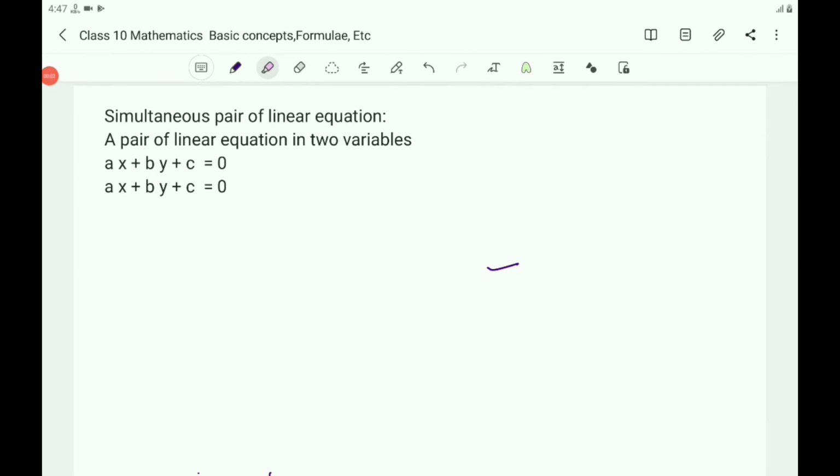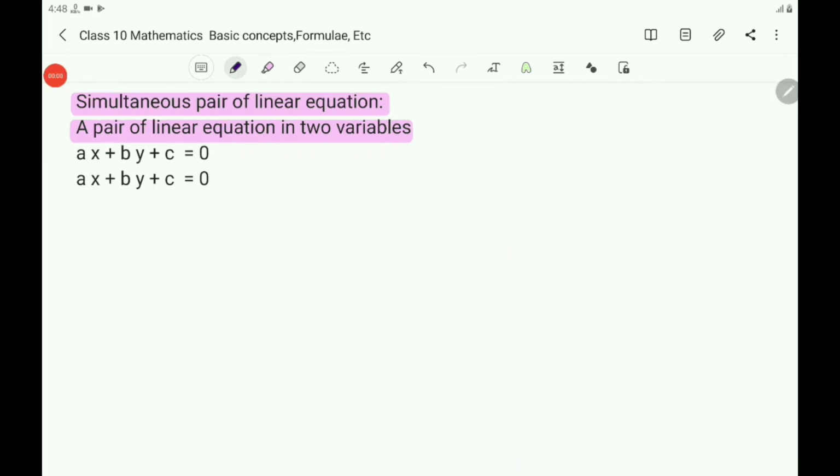Now about simultaneous linear equations. That is a simultaneous pair of linear equations, or a pair of linear equations in two variables. The standard form of the pair of linear equations in two variables x and y is a1x plus b1y plus c1 equals 0, a2x plus b2y plus c2 equals 0.